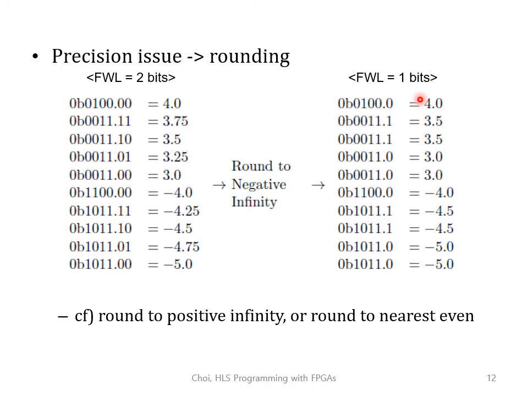The easiest scheme for hardware implementation is rounding to negative infinity, or simply rounding down. In this scheme, you just need to truncate the unneeded fractional bits. For example, if you have 3.75, you can get rid of the last fractional bit, and after rounding, it'll become 3.5.